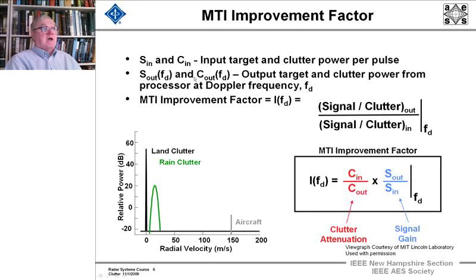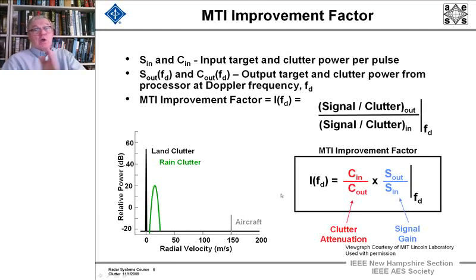It is defined as the MTI Improvement Factor I as a function of Doppler, equal to the signal-to-clutter ratio out of the processor divided by the signal-to-clutter ratio which goes into the processor, and that's measured at a specific Doppler frequency.